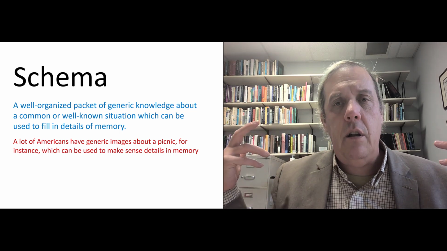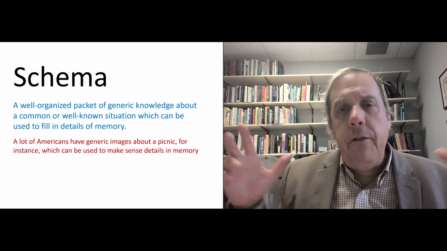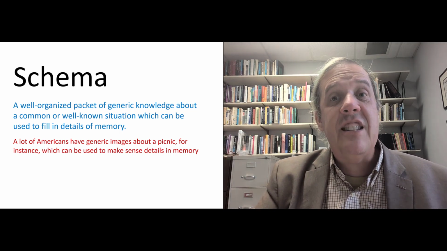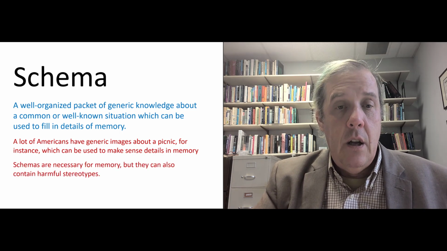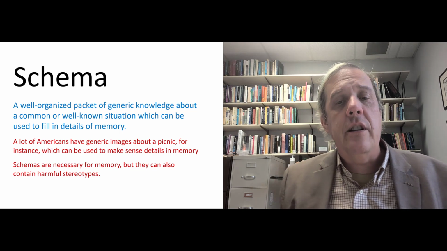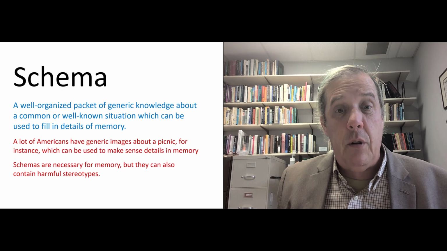So if we just remember something about a basket, we will fill in the image of a typical picnic basket from this schema. So it's important to remember that schemas are necessary for memory. The way memory works, this is inevitable.